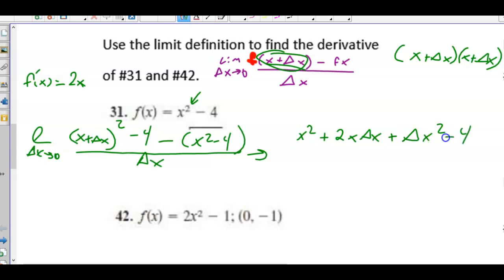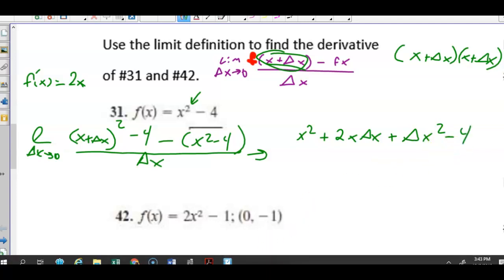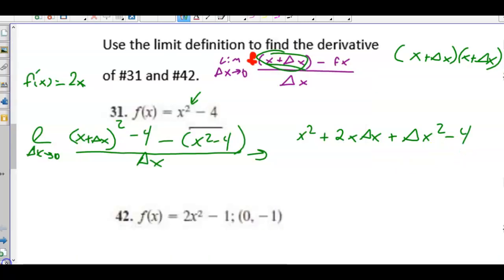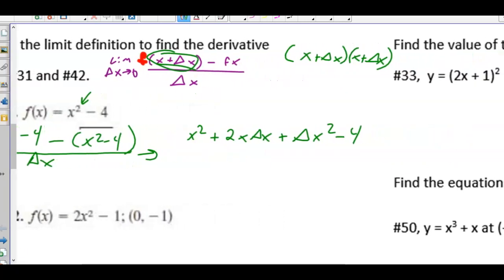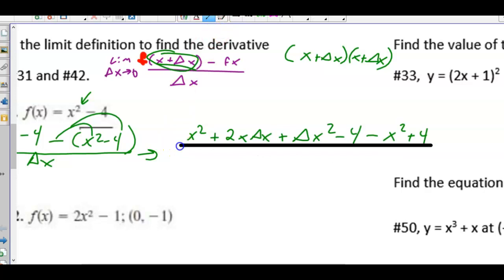Then remember, I still have the minus 4 right here. And then I have minus, distribute this negative here, so minus x squared plus 4. And all that is over delta x.